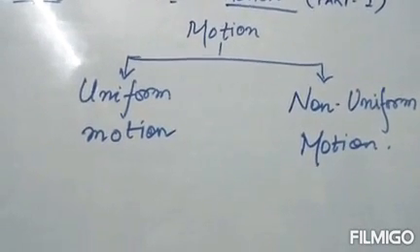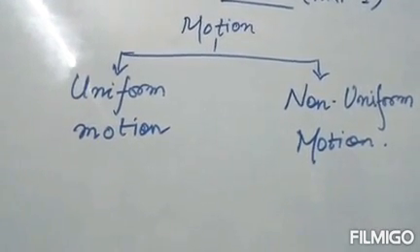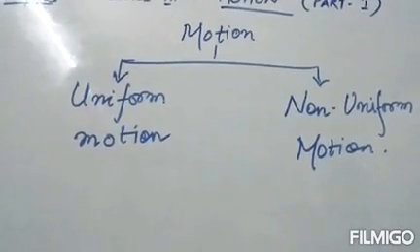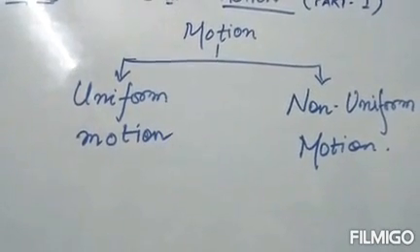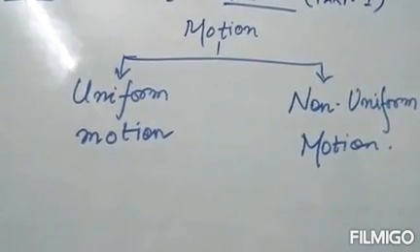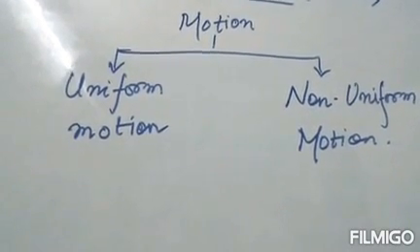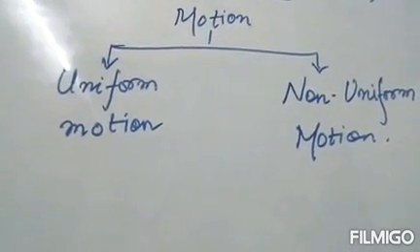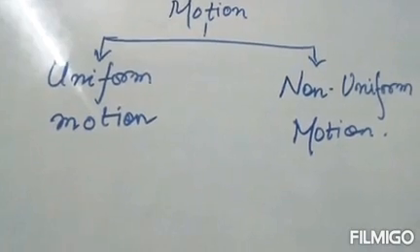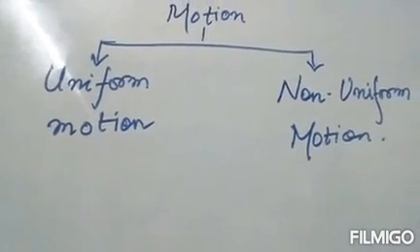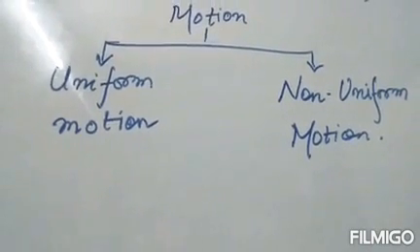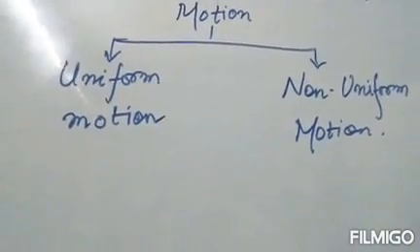And non-uniform motion means the body is moving with different speed, that is, it covers unequal distance in equal time. So this is known as non-uniform motion.